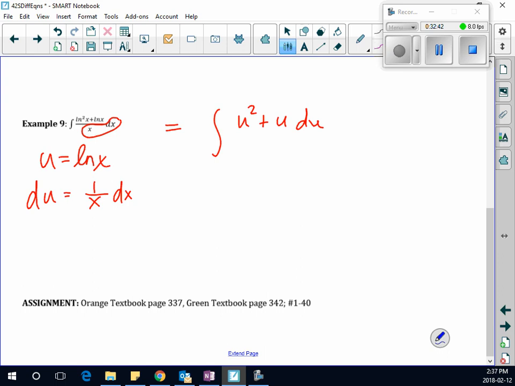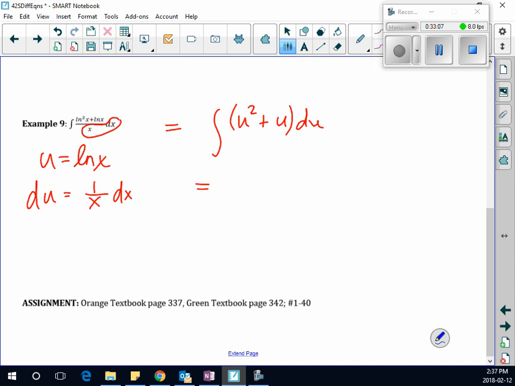Does everybody understand how I got that? And of course, ln squared x is the same thing as cos squared x. It's the whole thing squared, right? So that's why it's u squared. You know what I'm saying?